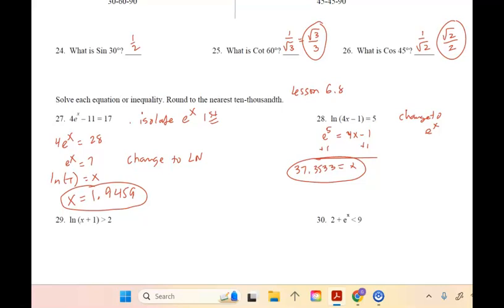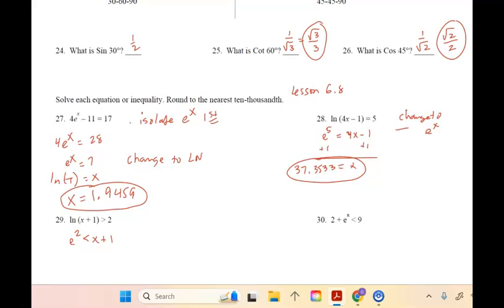Okay, inequalities work pretty much the same way. ln gets changed to e to the power, just like this one. So e to the 2nd, but just keep in mind, since the inequality is pointing at 2 in the original problem, it still should be pointing at 2 when I rewrite it. So pretty easy.